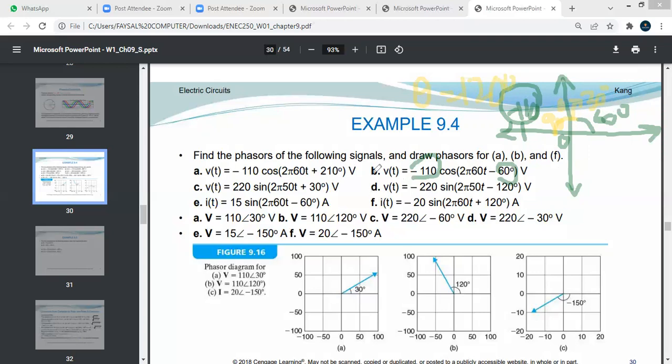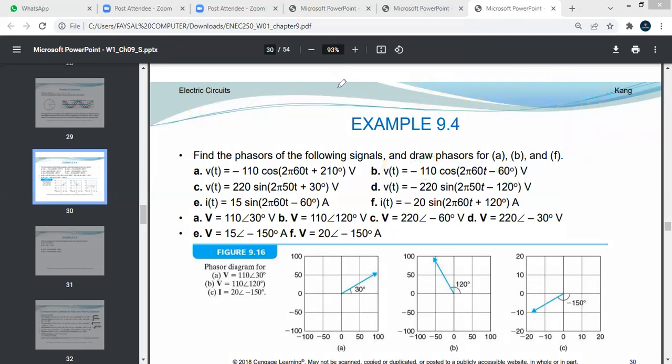So the answer for my part B is: amplitude is 110 and angle will be 120 degrees. Okay, so this is part number B.